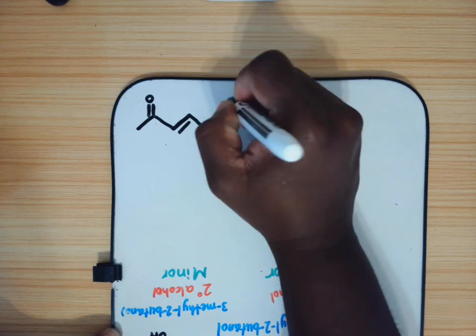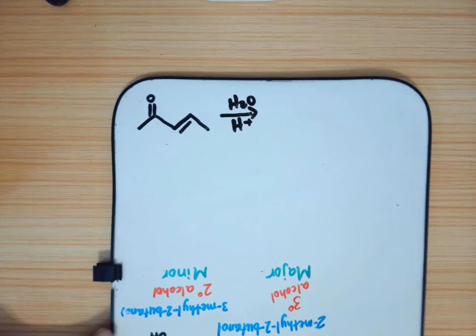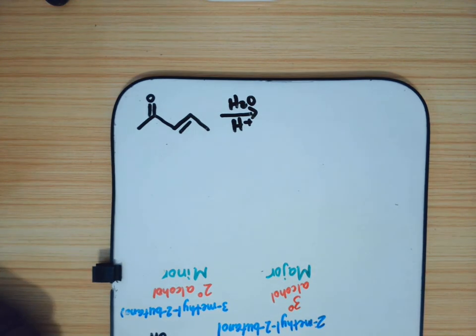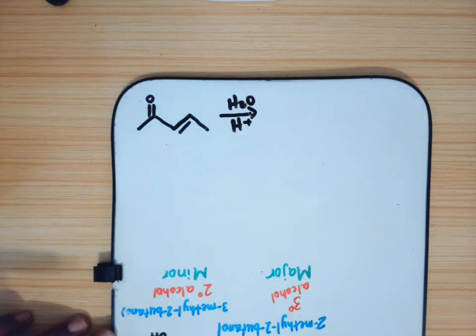When doing the hydration of this type of compound, if there is a ketone or a carbonyl group next to one of the carbon atoms of your double bond, so depending on which carbon you're looking at, look at either end of that double bond.